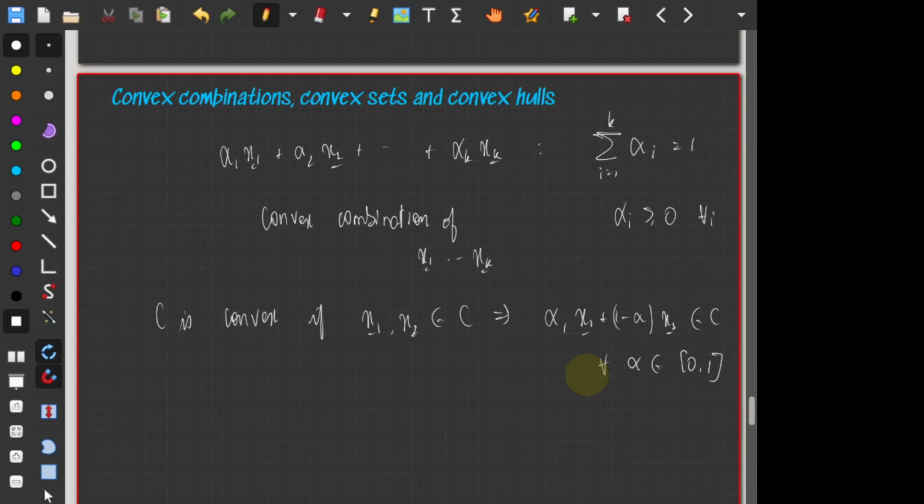Similarly, just as we defined the affine hull, the convex hull is the set of all convex combinations of the given points.